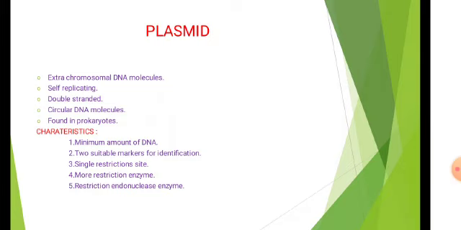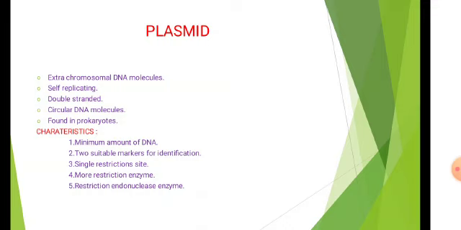Plasmids are present mostly in prokaryotes. What are prokaryotes? Blue-green algae and bacteria are prokaryotes. In the bacteria, along with the bacterial DNA inside the cell wall, the extrachromosomal DNA molecule is called a plasmid.